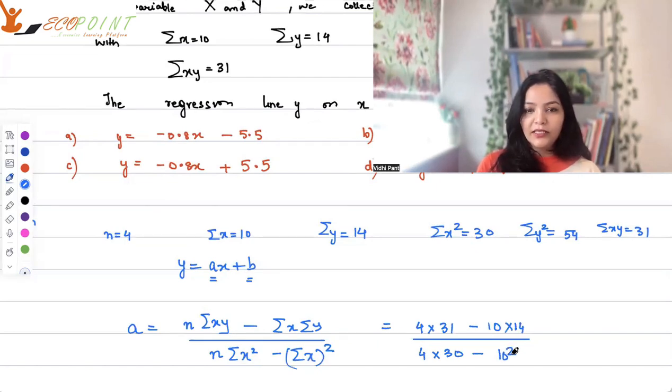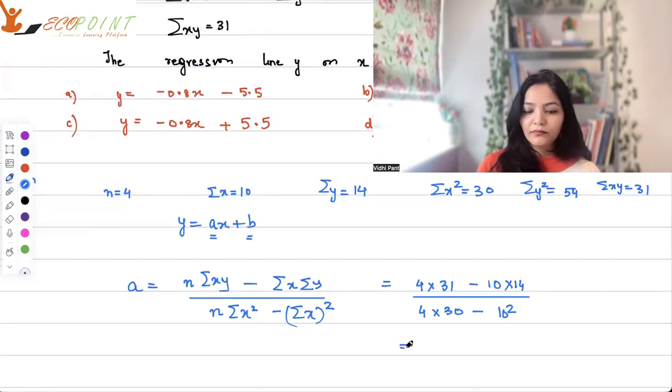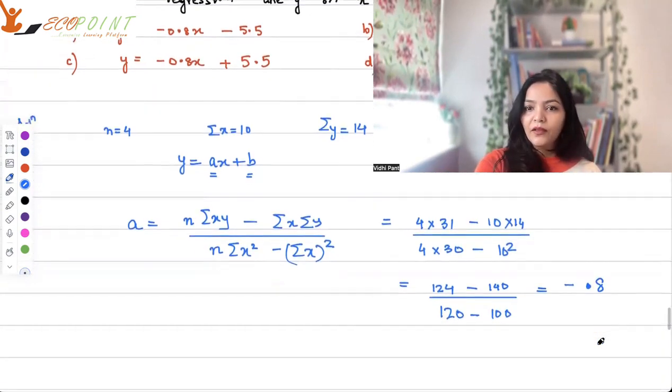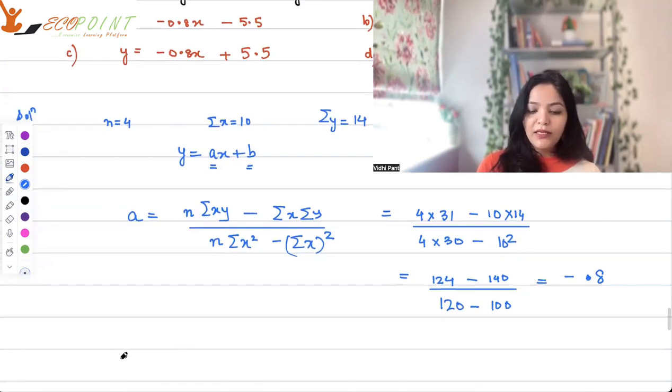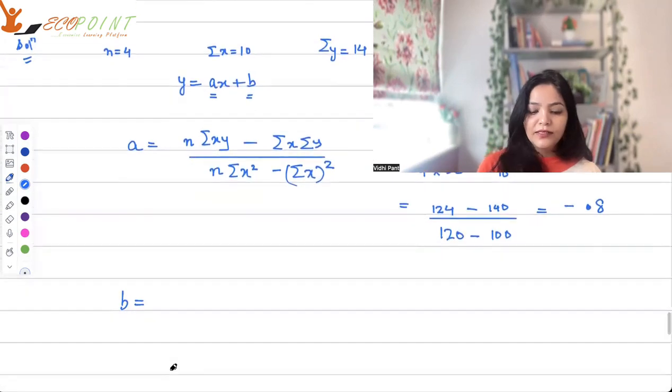And hence what you will get here is 124 minus 140 upon 120 minus 100. So that gives you minus 0.8. It's going to be minus 0.8. So A is minus 0.8. B is equal to summation y minus A times summation x upon n.